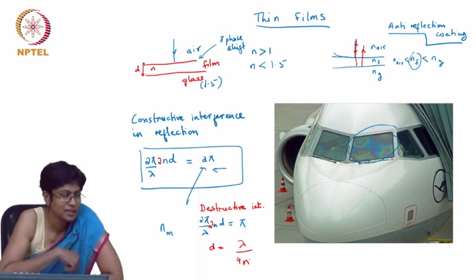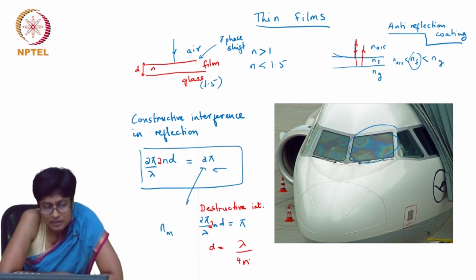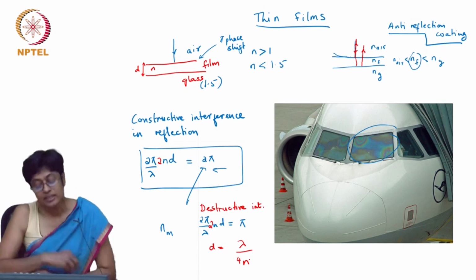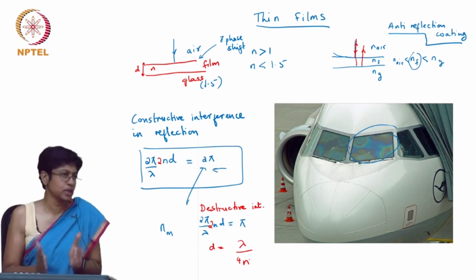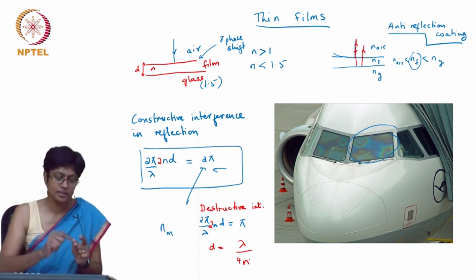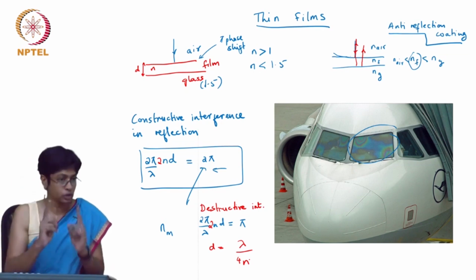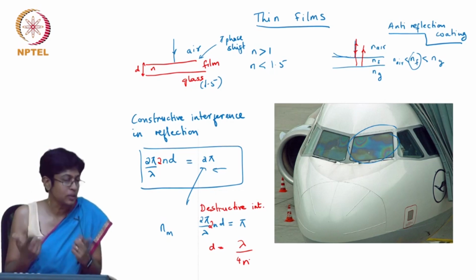So, since you said transmission lines, is that the only condition for the transmission line? Is the length, is the thickness the only condition, or is there some other condition? What does this lambda by 4 ensure happens between the incident beam and the two beams? You want destructive interference to happen. What does that mean?